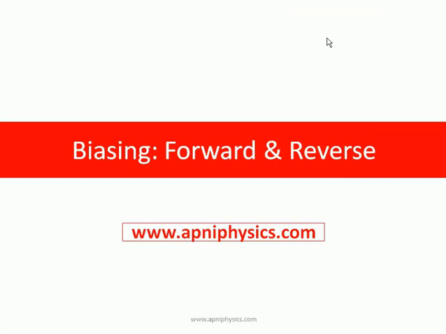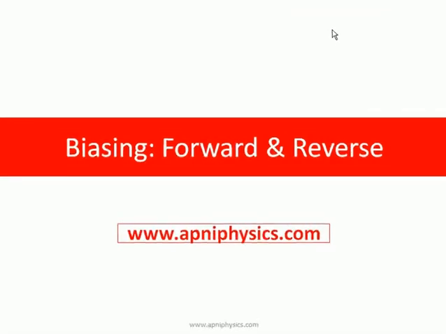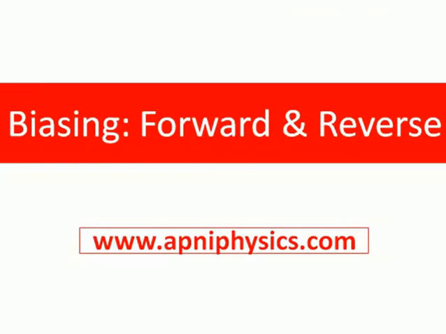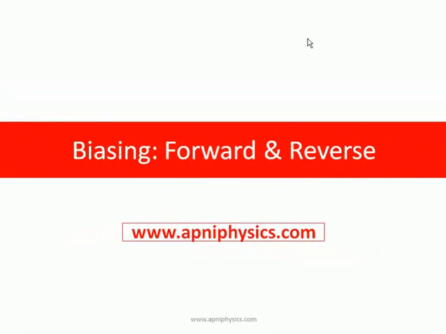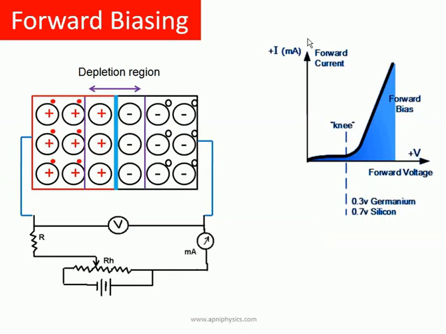Now in this section I will discuss biasing. There are two types of biasing: one is forward and the second is reverse biasing. Forward biasing means that we connect the p-type terminal of the p-n junction diode with the positive terminal of the battery, and the n-type semiconductor to the negative terminal of the battery.